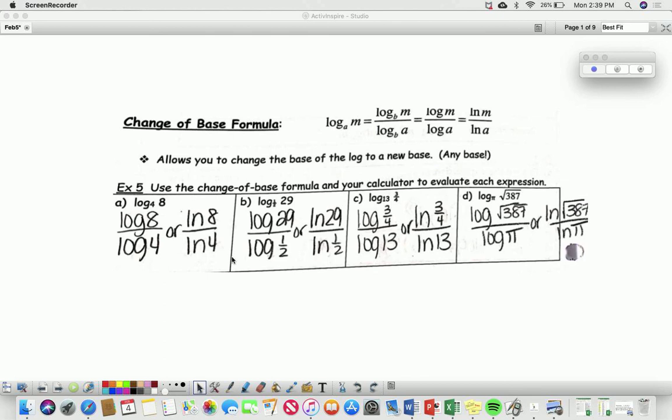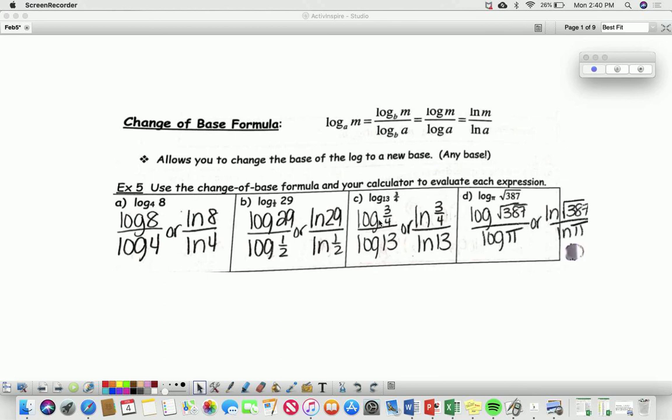I could also, if I look at part B, I can do it even if it's a fraction. So I can use this guy up here and write it as log 29 over log 1/2, or make it natural log. I think you see where I'm going with this. Make sure that this number, so the 8, the 29, now the 3 over 4, is the one that's on top.